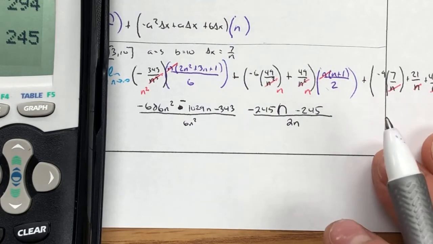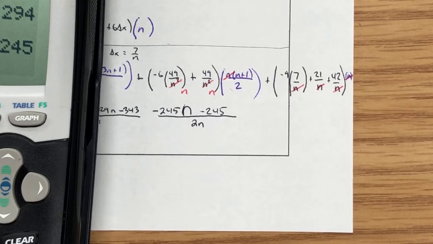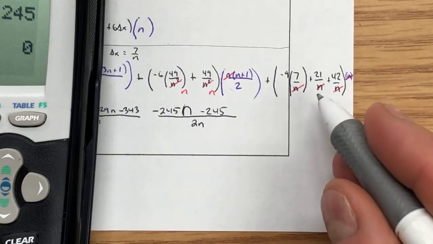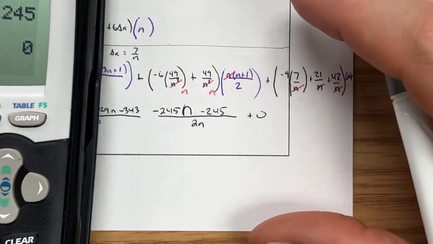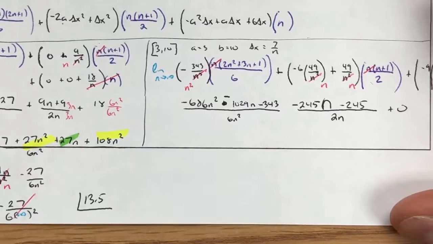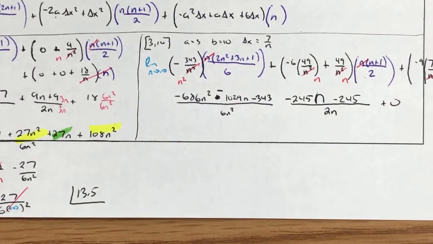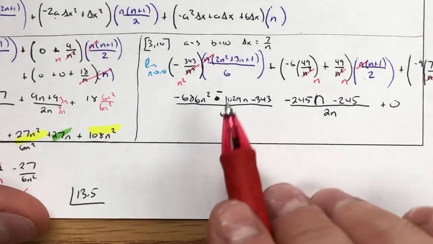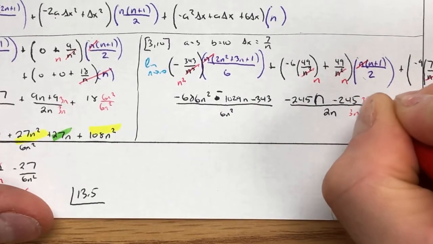And then over here, we have, let's see, that's negative 63 plus 21 plus 42. Ooh, our first break. This is plus 0, so we're not worried about that at all. That term completely cancels out. I'm only really dealing with these two. We're very happy about that. So I have a 6n squared, which means I just need to multiply by 3n.